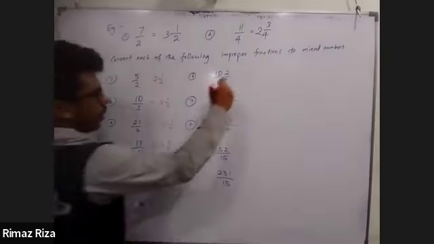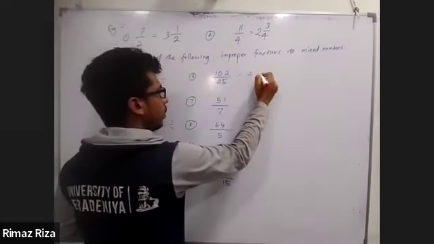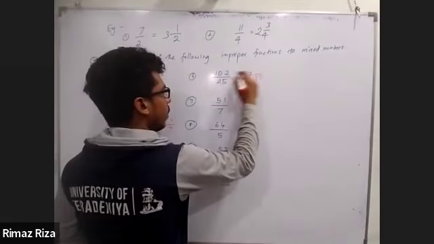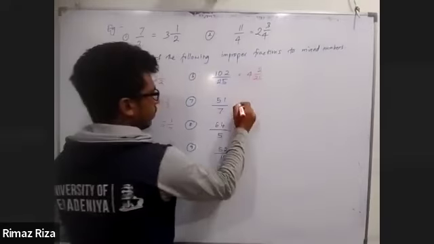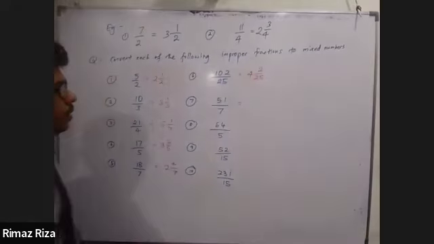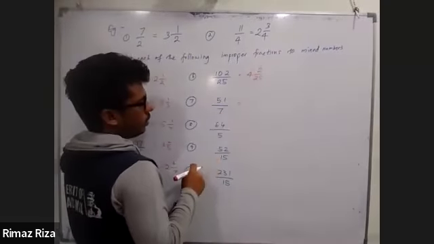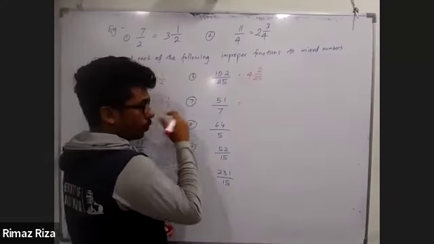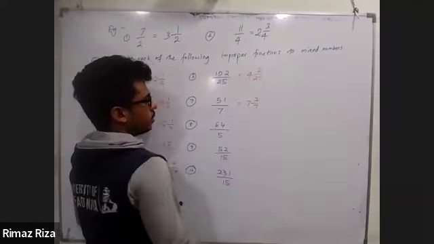Okay. And here we have 25 into 400. So 100 and another 2. Okay. So 51 divided by 7. 7 into 7 is 49 and another 2.